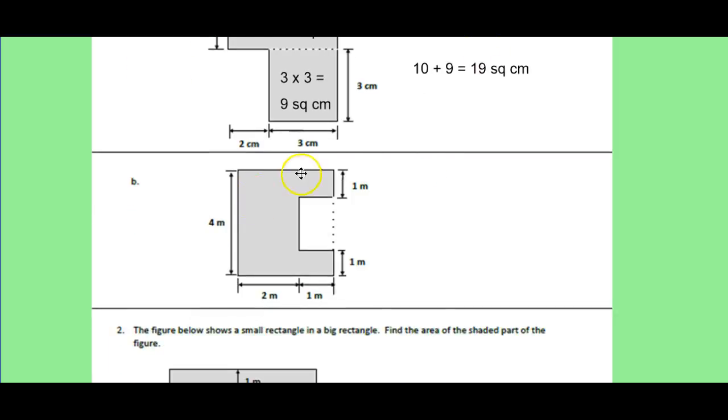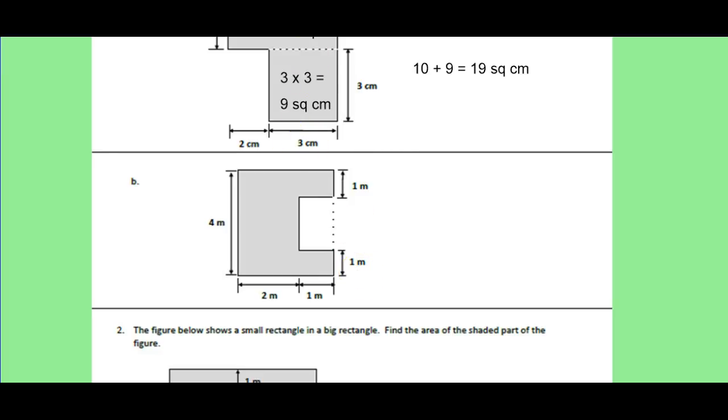Okay? So one thing here though that we do need to do is draw a line somewhere to help us find the area of this entire thing. Okay, so for this rectangle, there's a few different ways that we could do it.